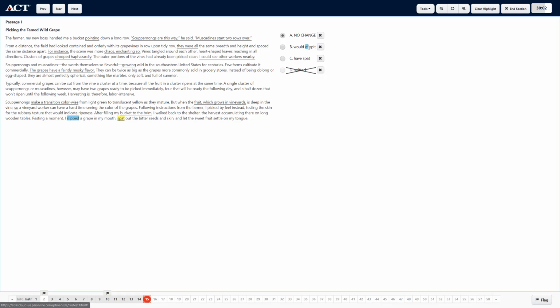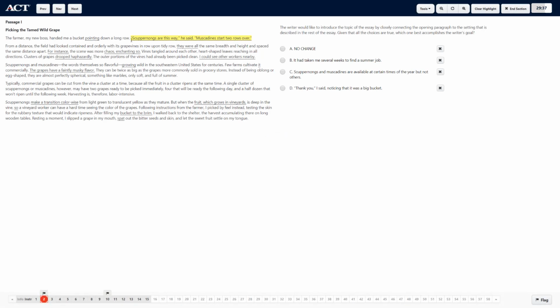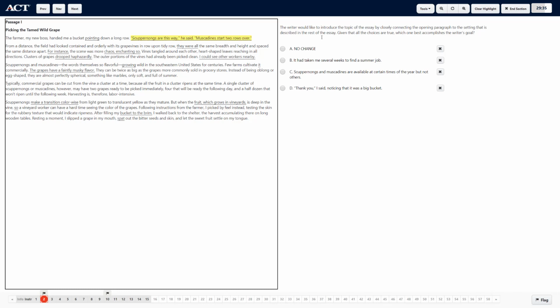Would have is always incorrect. It should be would have, and this is incorrect always. It is never correct. So I'll leave that out. So have spat, as I said before, is present perfect. So in this case, there is no connection to the present. So this is incorrect, leaving A as the only choice. And we will go back to this question.